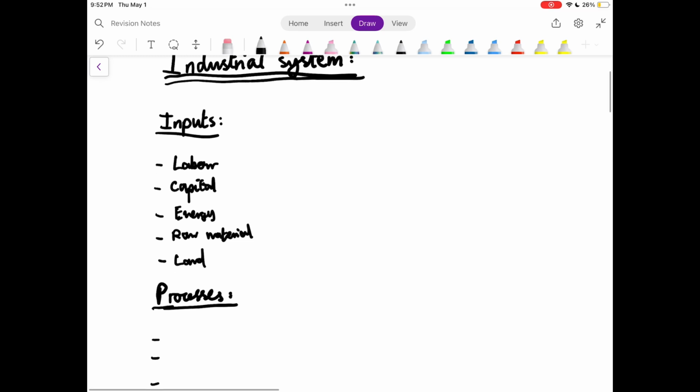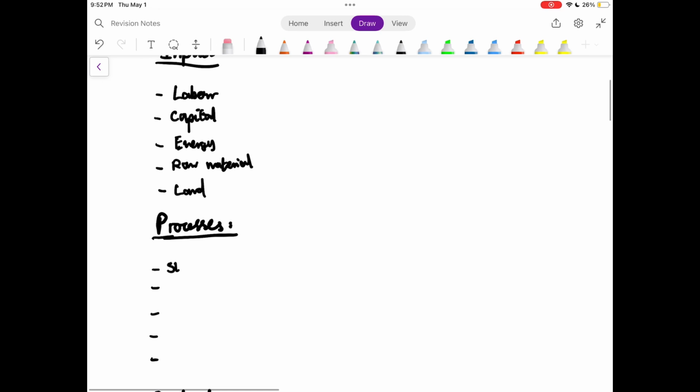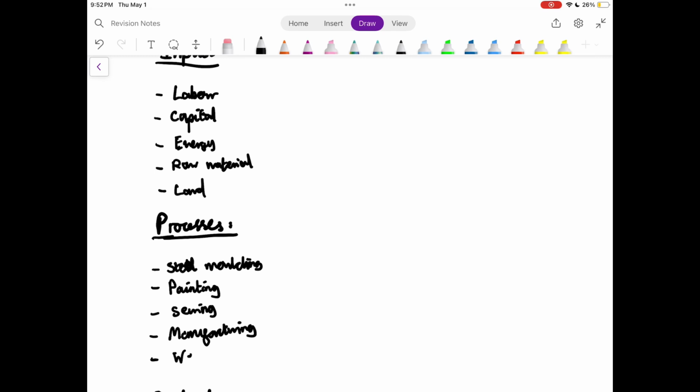And some processes include steel, molding, painting, sewing, manufacturing, and welding.